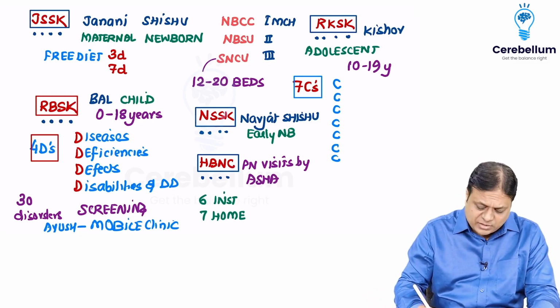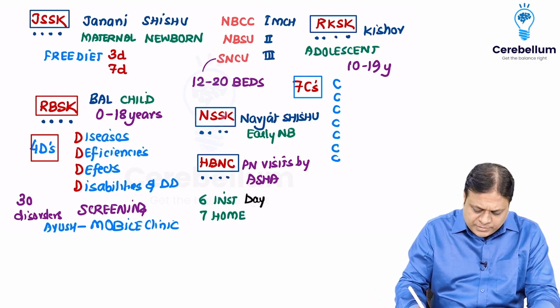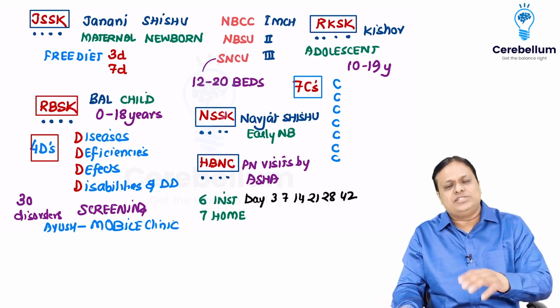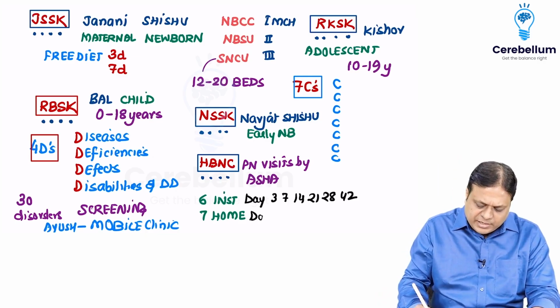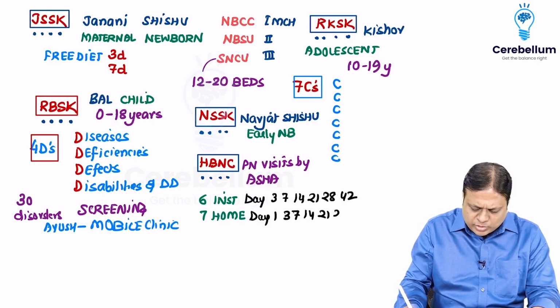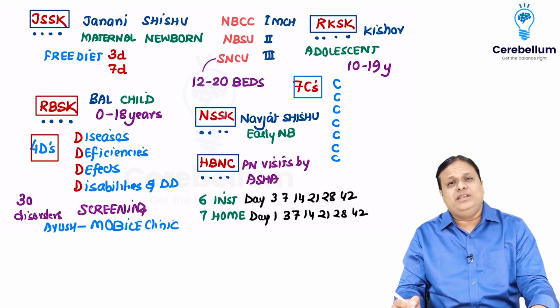These have to be taken on day 3, 7, 14, 21, 28, 42 in cases of institutional delivery. In home deliveries, additional visit is also on day 1 of the delivery.